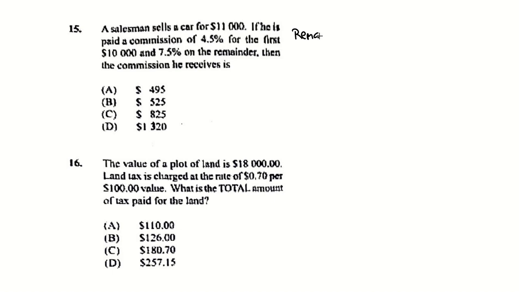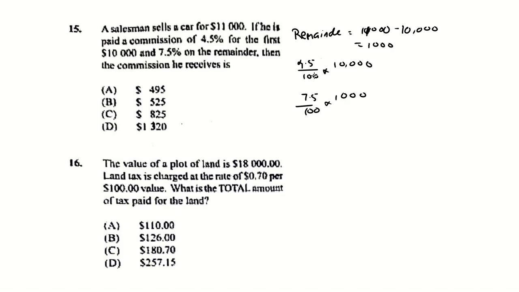The remainder would be 11,000 minus 10,000, which is 1,000. So he's being paid 4.5% of the 10,000, and then he's being paid 7.5% of the 1,000.